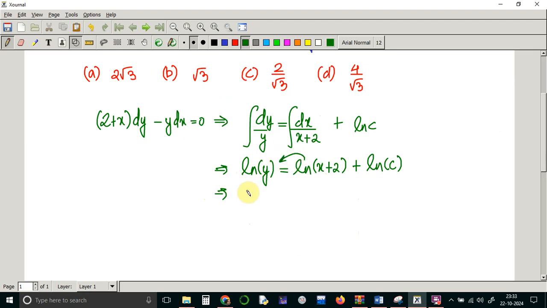If I shift this to this side, I will get ln y minus ln (x plus 2) equals ln c.